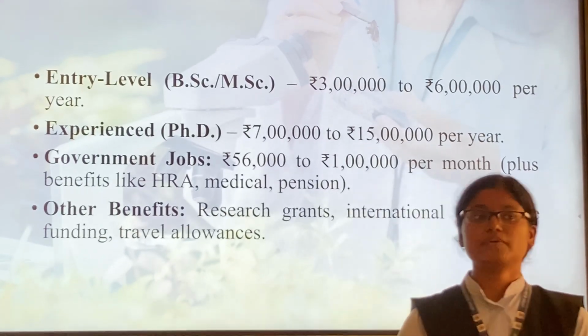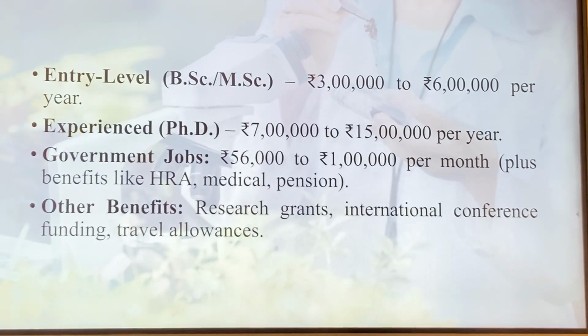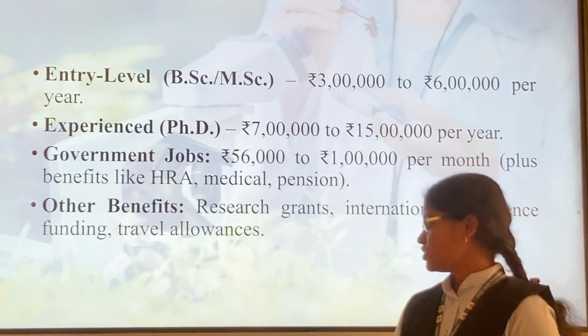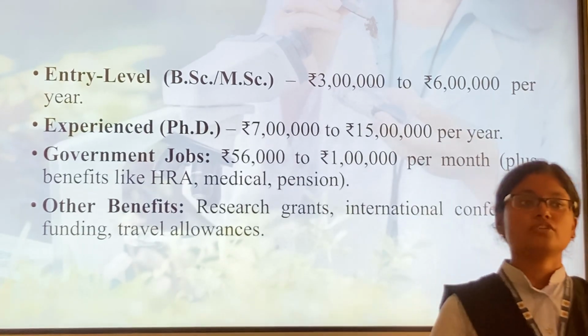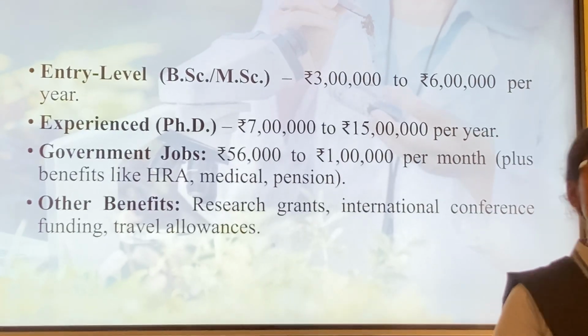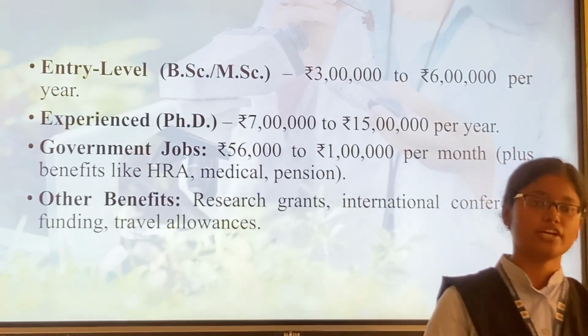Government jobs pay a little bit less, around 56 thousand to 1 lakh per month, but you can get other benefits like HRA, medical and pension. Other benefits you can get as a researcher include research grants, going abroad to do your research, or attending international conferences, for which you will get a grant.